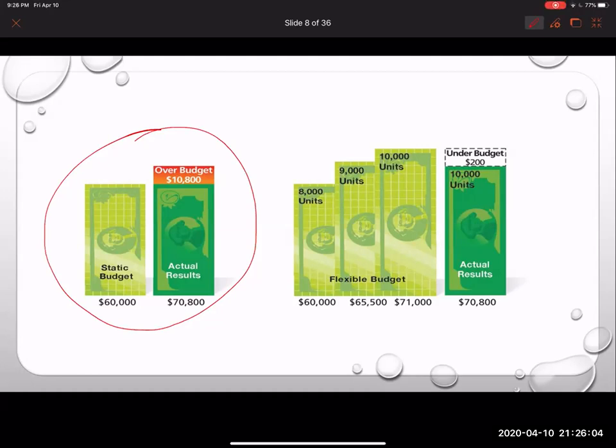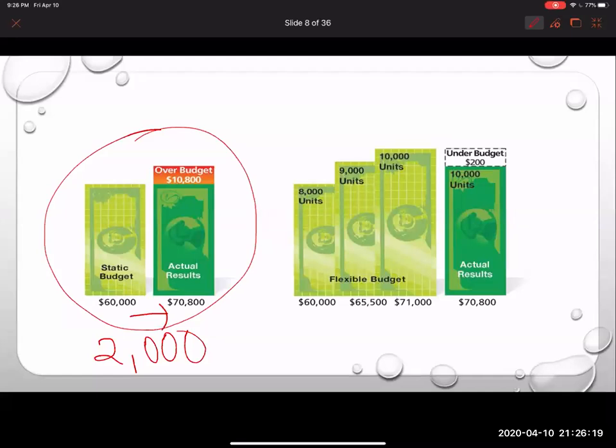So no matter if they produce an additional 2,000 units, all you're looking at is, did they follow the budget? The budget was 60,000 and did they stick to it? No, therefore you are inefficient. You went over budget, right? It doesn't take into consideration that you produced more.